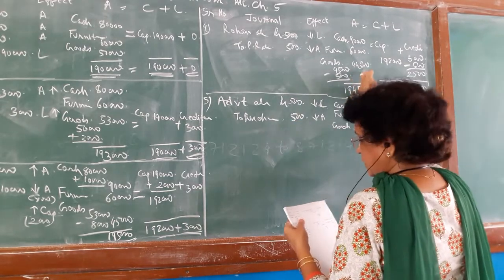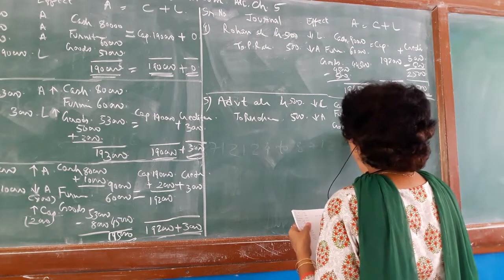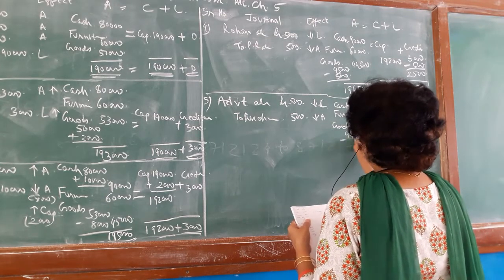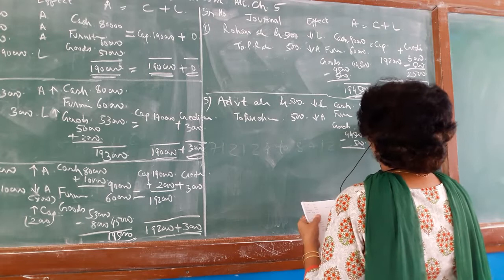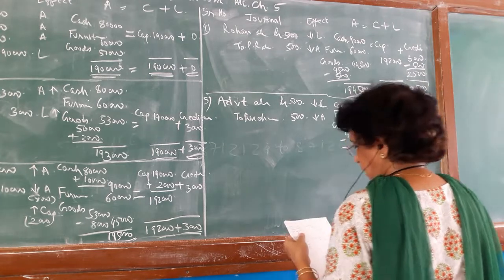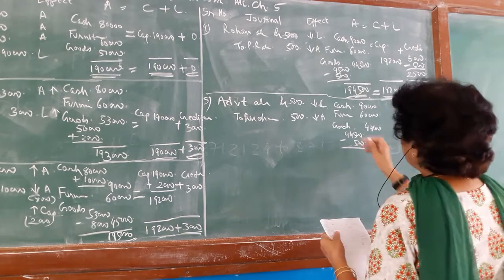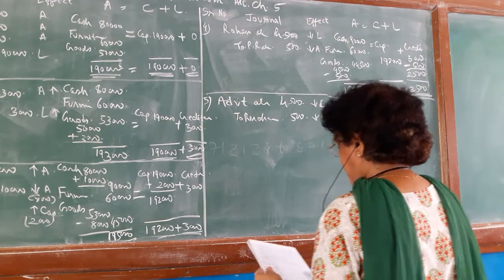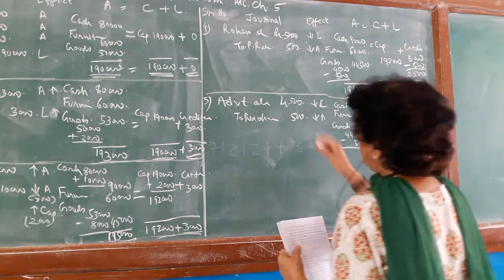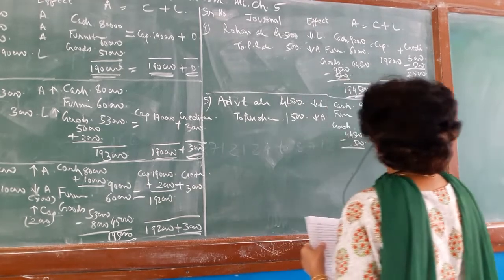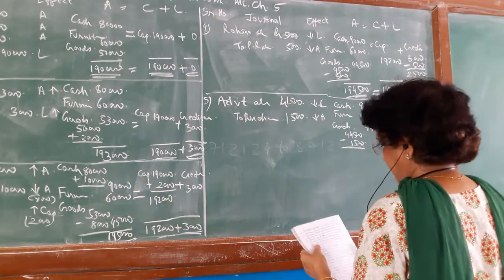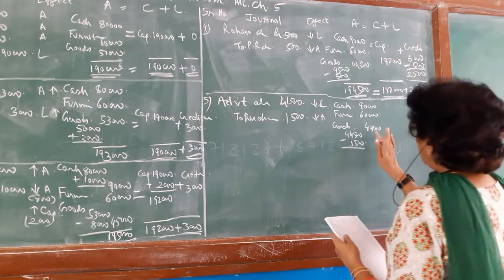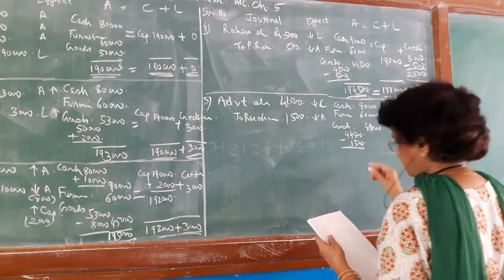So your balance is 44,500 minus you are giving 1,500, so it becomes 43,000.